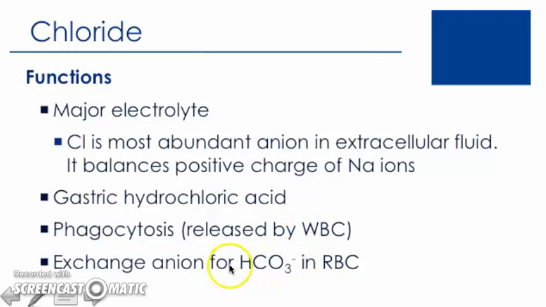So the CO2 is converted to bicarbonate, and it is in that form that it is transferred in plasma to the lungs, and it's transported actually by the red blood cells. So we see that in the red blood cells, carbon dioxide is converted to bicarbonate by the enzyme carbonic anhydrase.